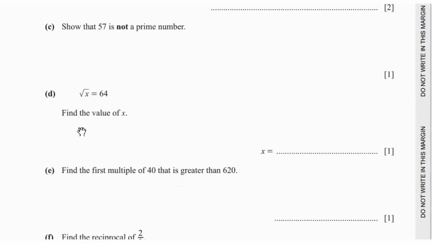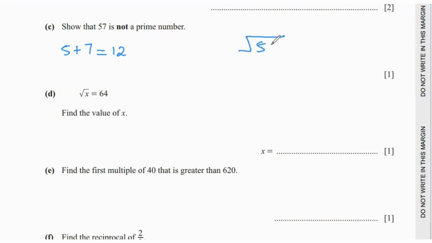Then it says show that 57 is not a prime number. So there's a trick to see whether a number is a prime number or not. What you do is you can add the digits, especially if the number is an odd number. So 5 plus 7 is 12. And we know 12 is a number that's divisible by 2, 3, 4, and 6.